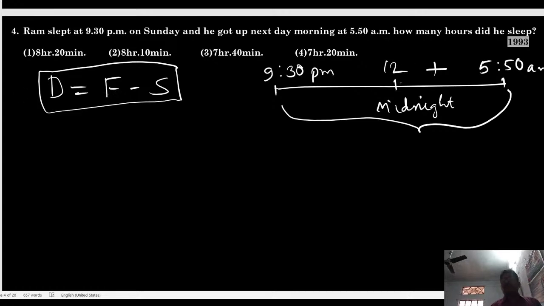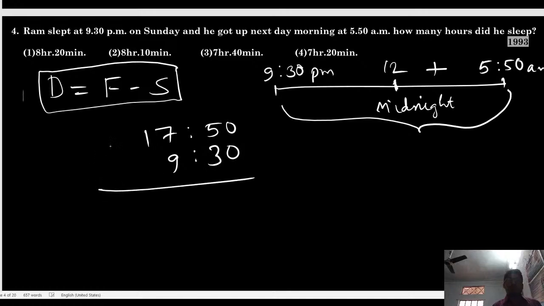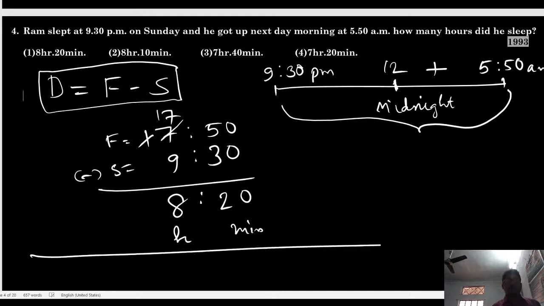Here we have to add 12 to the finishing time, so 17 hours 50 minutes, subtract 9:30. 17 minus 9 is 8. So 8 hours 20 minutes. Option 1.